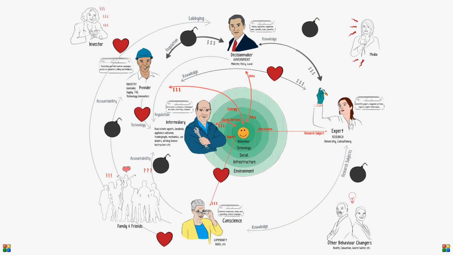So what we're trying to do with this is to use this Behaviour Changer Framework to actually describe the energy system from a human perspective, through the human lens, and the different players and actors in the system, and the importance that they all have in order to change a specific behaviour that we're focusing on. So here are me and Ruth.